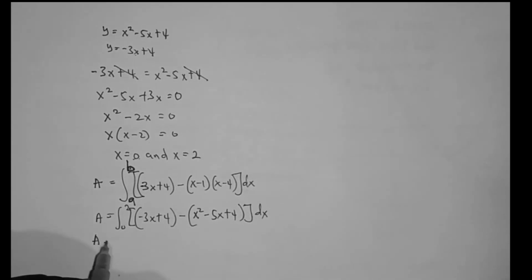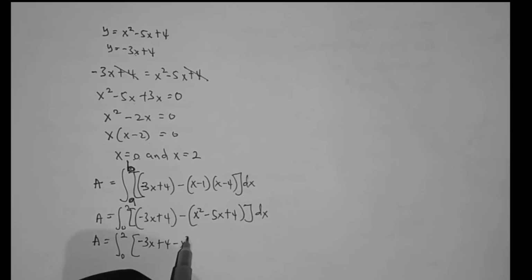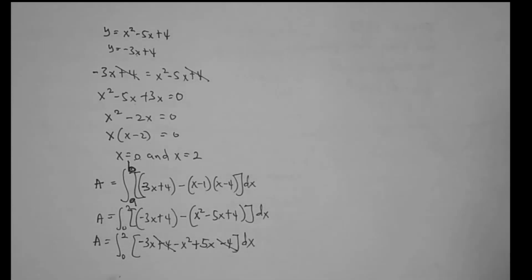So area A equals integral of 0 to 2. Let's expand all of this. This is minus 3x plus 4 minus x squared plus, minus 1 times minus 5x becomes plus 5x, and minus 1 times 4 is minus 4, dx. So that minus 4 and plus 4 can cancel out.